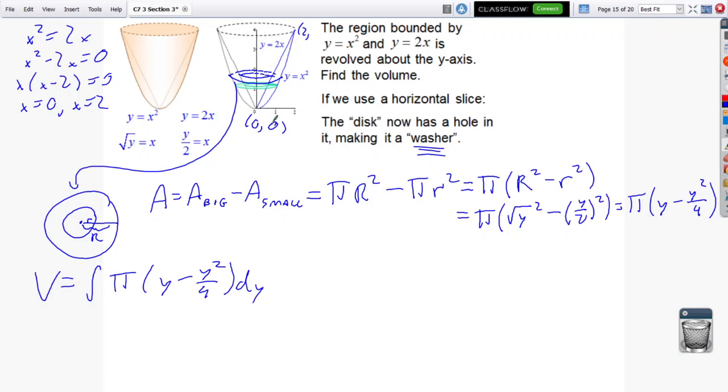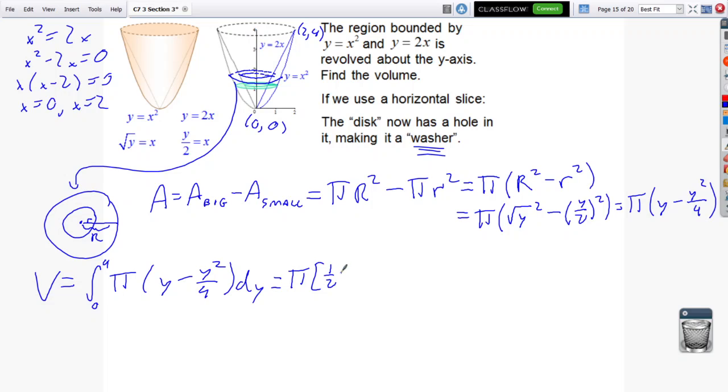Whether I do 0 squared or 2 times 0, I'm going to get 0 over here. And whether I do 2 squared or 2 times 2, I'm going to get 4 up here. All of that is just to say that our limits are from 0 to 4. Since everything is in terms of y, we want to use the y's as our limits. Now again, as I've been saying every single time here, it's fine if you want to grab your calculator here. I wouldn't, but I'm not you.